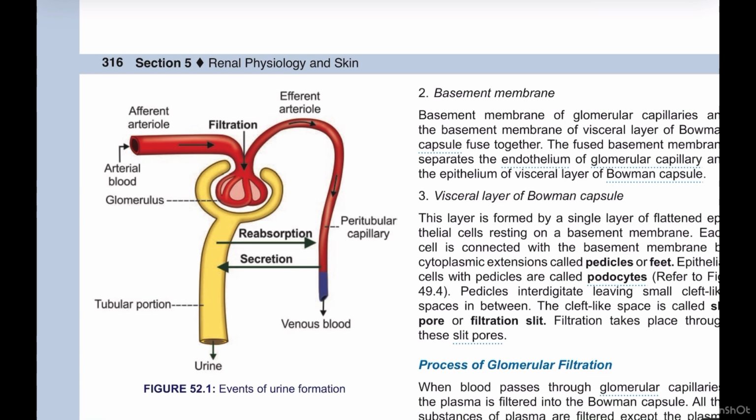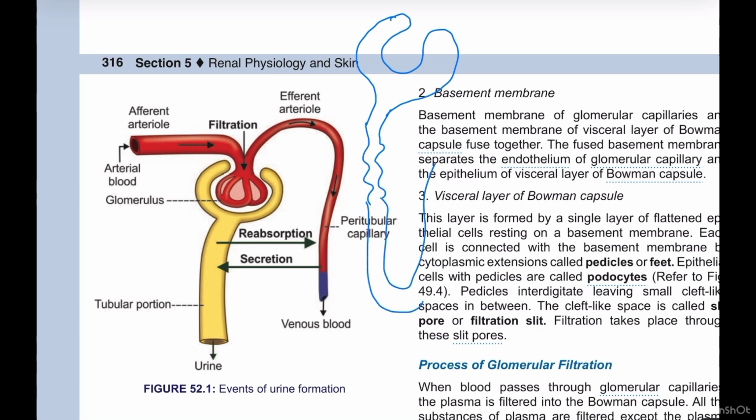The nephron consists of Bowman's capsule, followed by the proximal convoluted tubule. Then here is Henle's loop, followed by the distal convoluted tubule, and then it opens into the collecting duct. This is the tubular structure of a nephron.